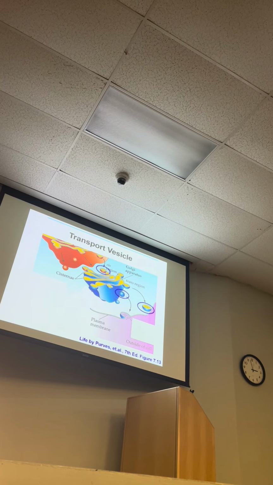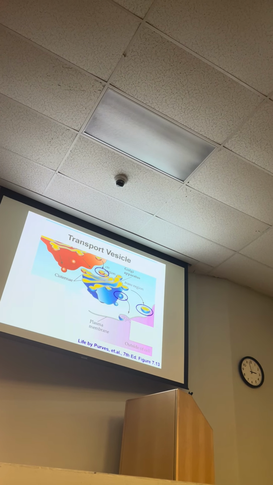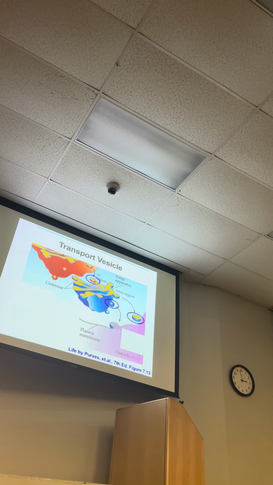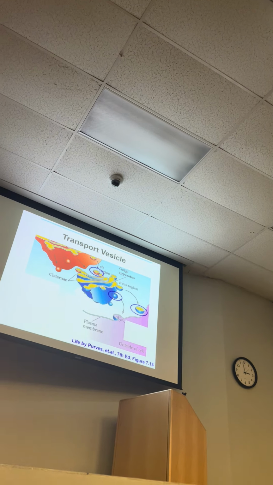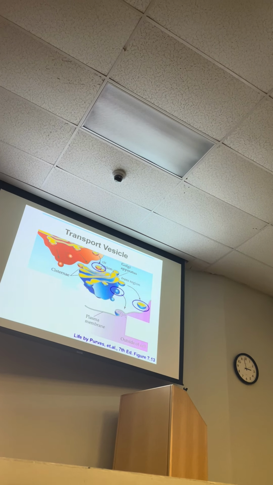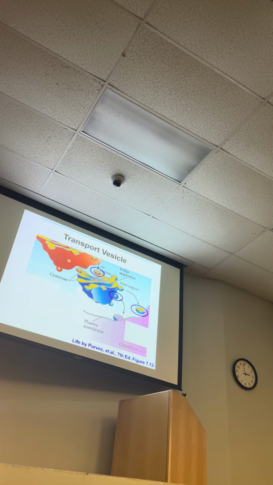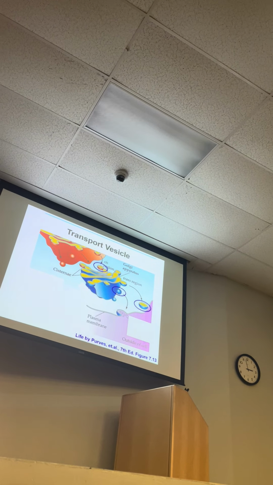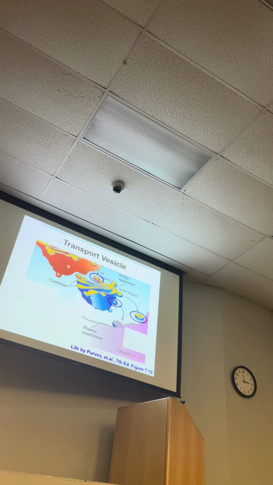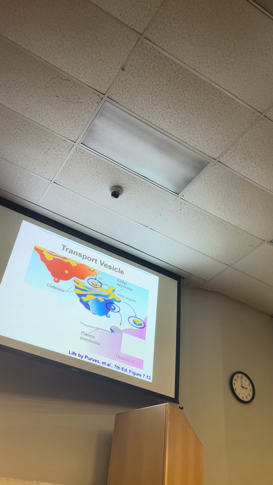So here they're showing pieces of the ER budding off and fusing with the Golgi, or Golgi apparatus. Pieces of the Golgi budding off and then fusing with the what? The cell membrane. Yeah. They're all part of the club.